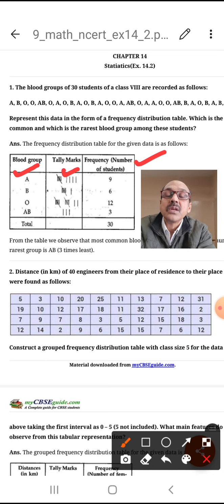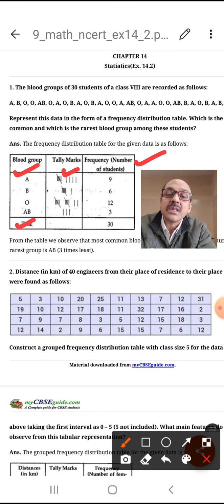Here 4 groups are there: A, B, O and AB. So first you write A, B, O, AB, these 4 groups, and then you count. First group is A.